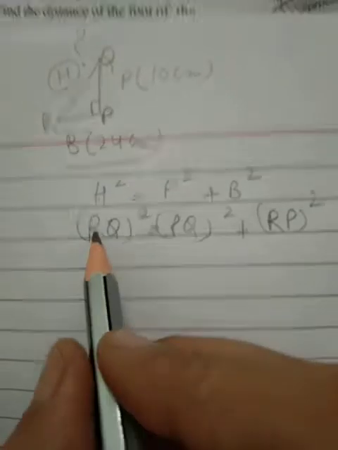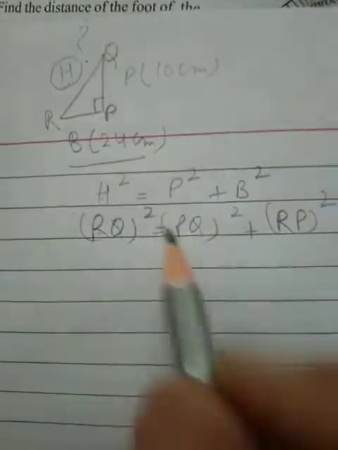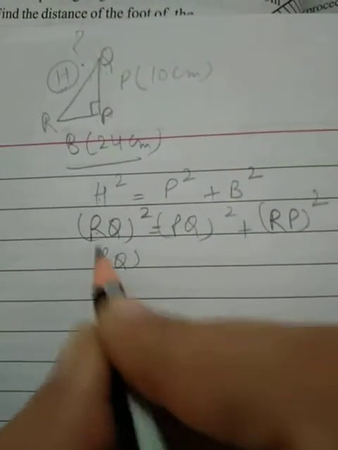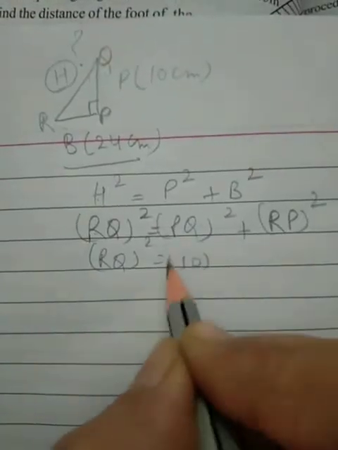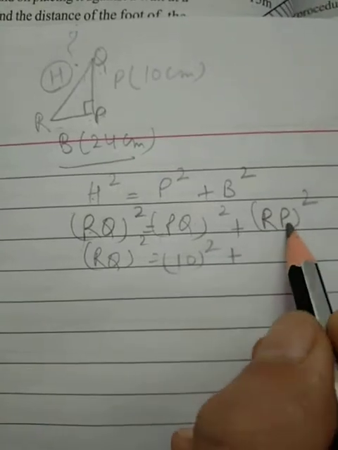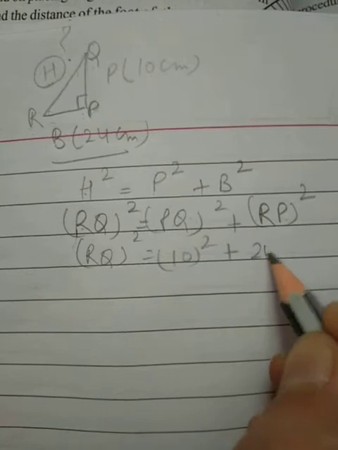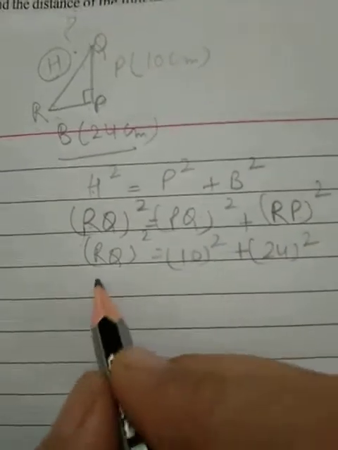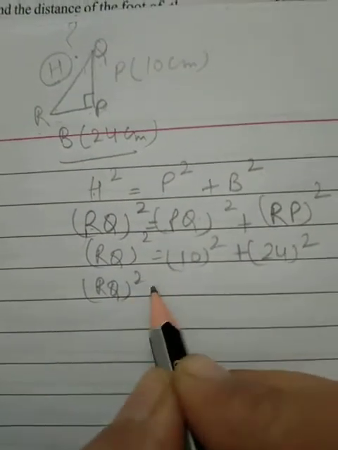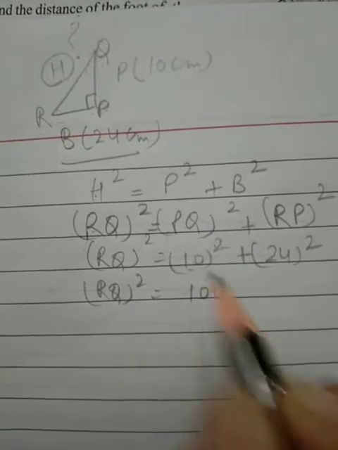Now the value of PQ is 10, so 10 square plus the value of RP, that is 24 square.